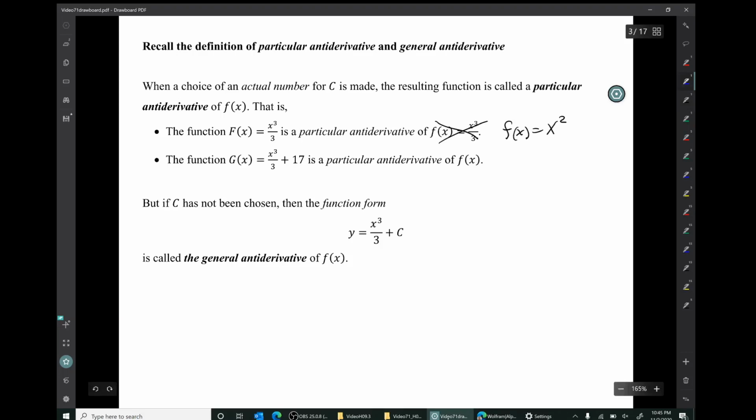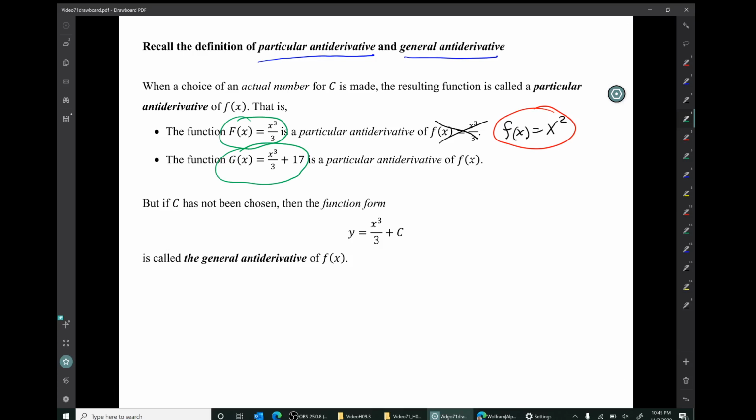Let's recall our discussion of particular antiderivative and general antiderivative. On the previous page, we were discussing the collection of antiderivatives of this function, little f of x equals x squared. And we discussed this one in previous videos, capital F of x equals x cubed over 3, and this one, capital G of x equals x cubed over 3 plus 17.